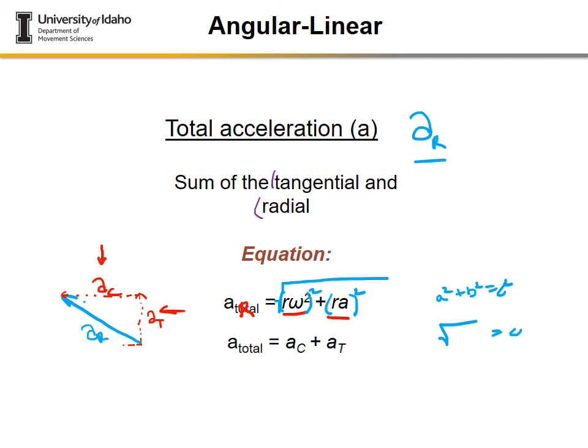In this instance, a sub r, which is our total linear acceleration vector, equals the square root of the centripetal acceleration squared plus the tangential acceleration squared. And that is how you're going to calculate this going forward. So if I asked you the sum or the total linear acceleration, that's what we would do.